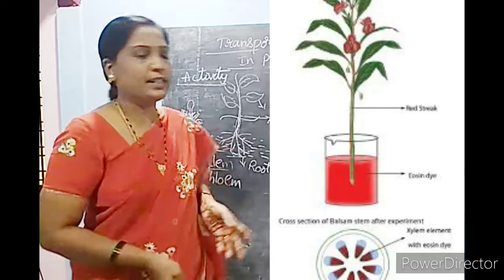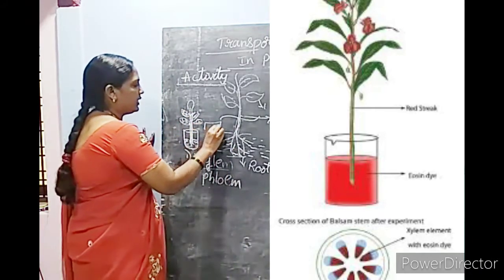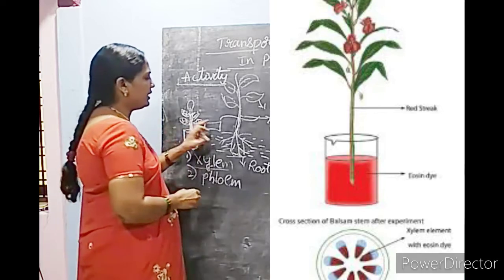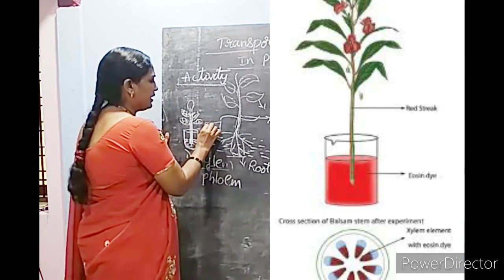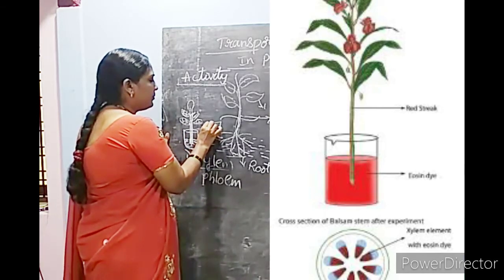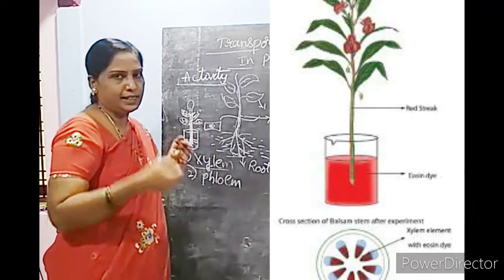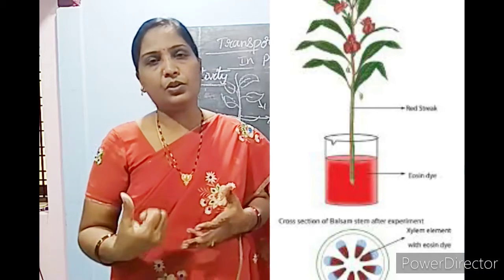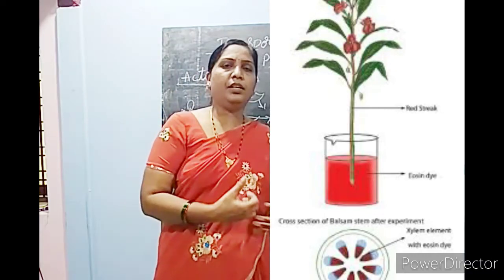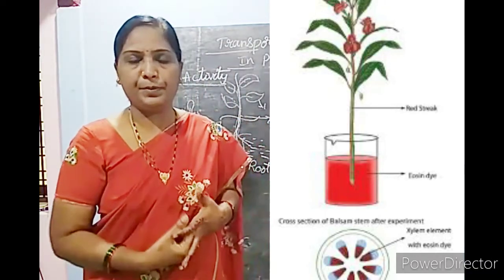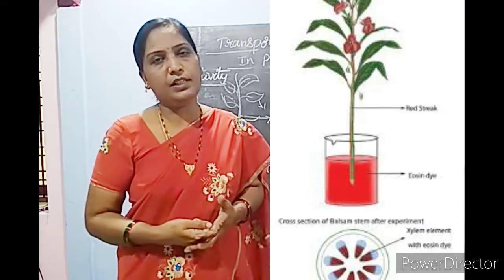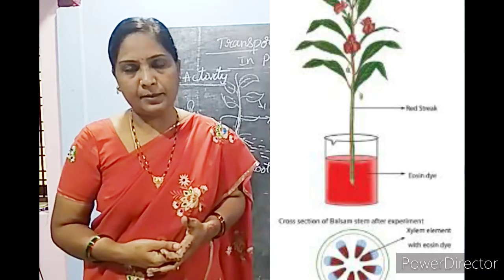Arrange the thin piece on a glass slide and observe with a hand lens. If a microscope is available, it's well and good; you can observe under the microscope. Microscopes won't be at home, so you can even see through the hand lens.